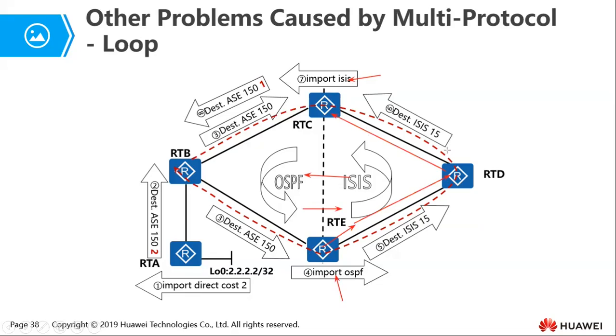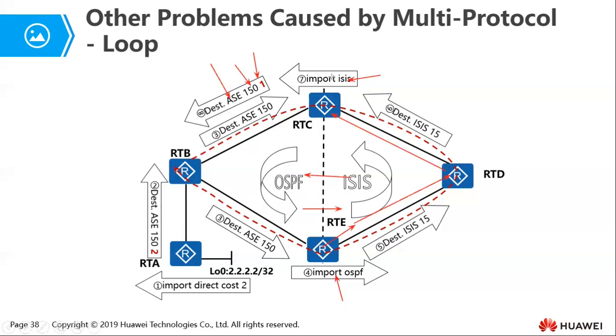So here, the same route that is coming from OSPF is going to be injected back into OSPF with a cost of 1. As you can see, a loop has occurred.